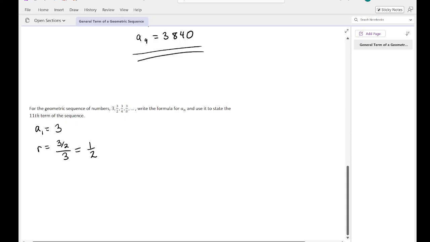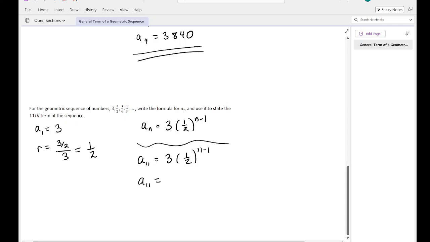Now we can plug it into our formula, because that's what it wants, a sub n. So a sub n equals a1, which is 3, times r, which is a half, to the n minus 1. And just like the last one, we're going to use it to state a specific term, in this case, the 11th term of the sequence. So a sub 11 is equal to 3 times a half to the 11 minus 1.